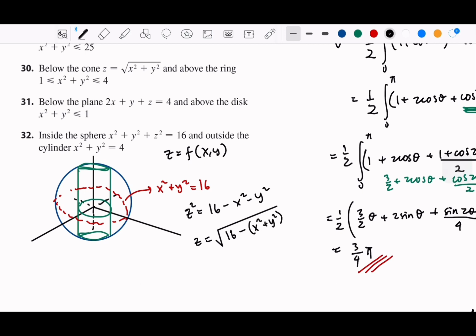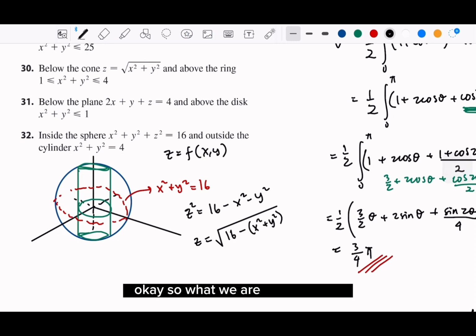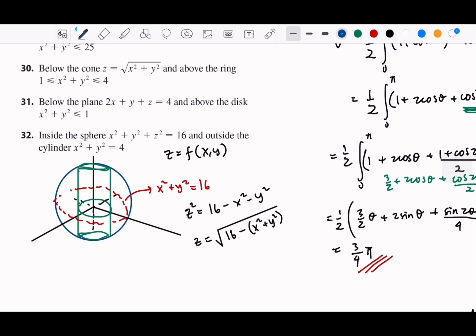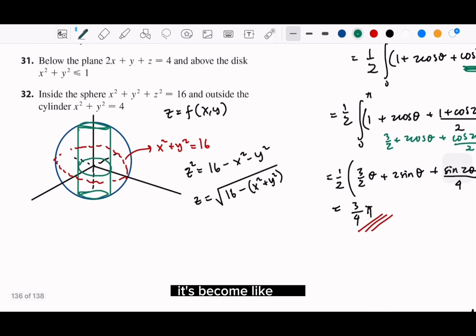Okay. So what we are going to find, let me write this in this area here. Let me rephrase this, and it becomes like this.